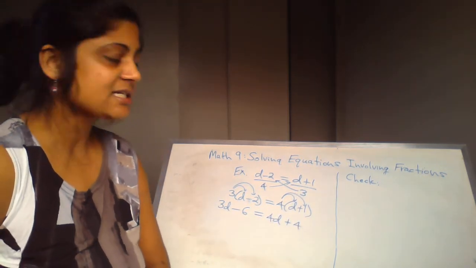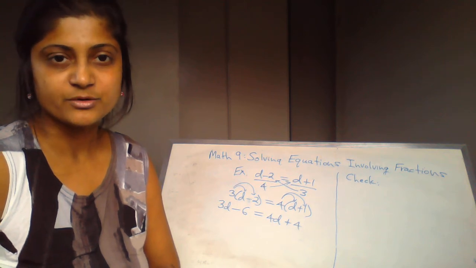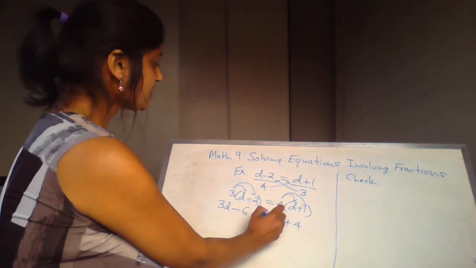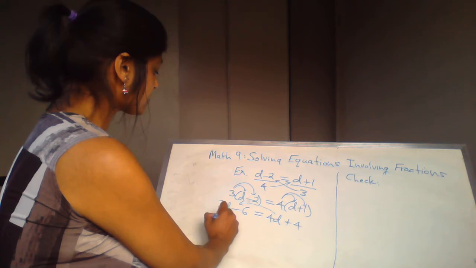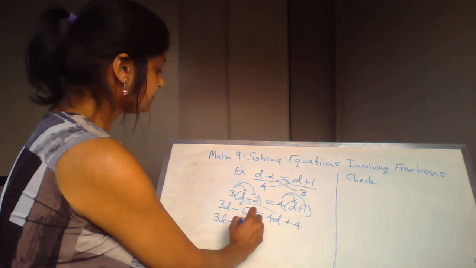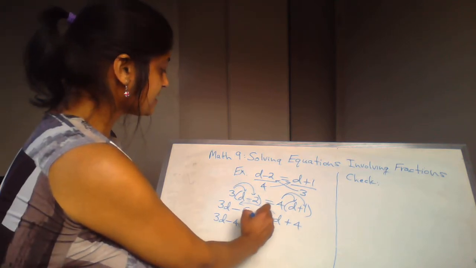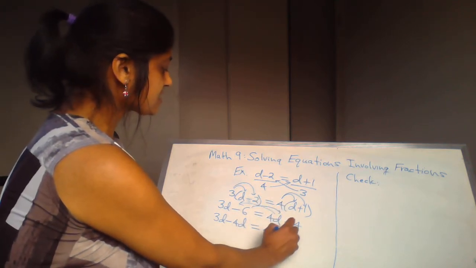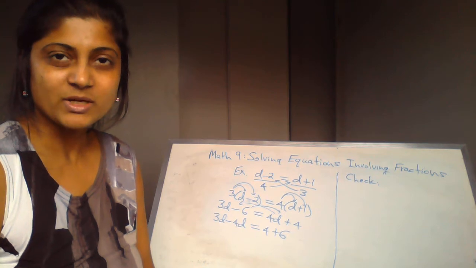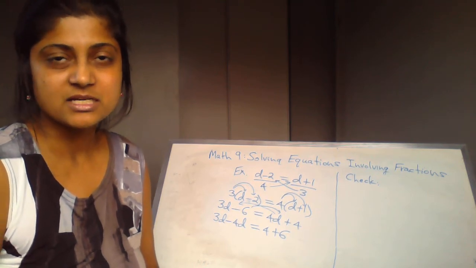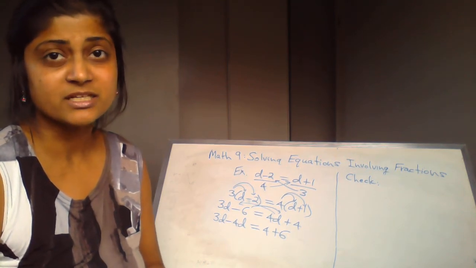Now I can put the like terms together. I'm going to take the 4d to the other side, so 3d minus 4d equals 4, and take the negative 6 to the other side, so positive 6. Again, it does not matter which side you take the variable on and which side you take the numbers on.